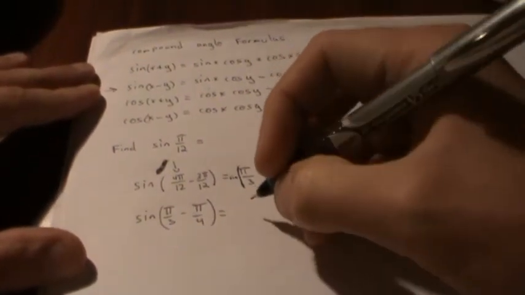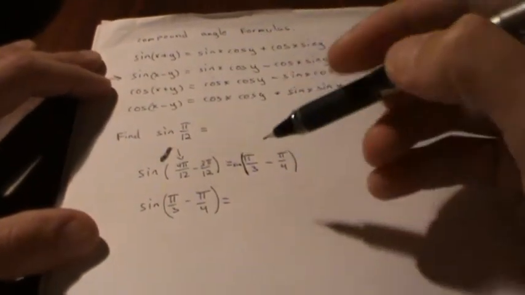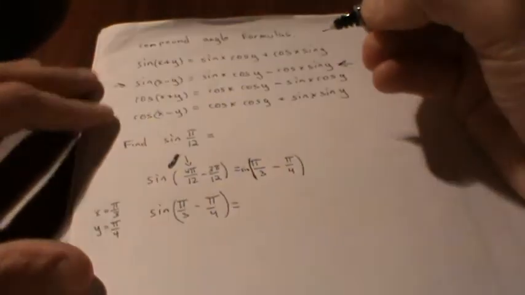And so what I'm going to do is write down sine of x minus y is equal to the sine of x. In this case, x is pi over 3, and y is pi over 4.